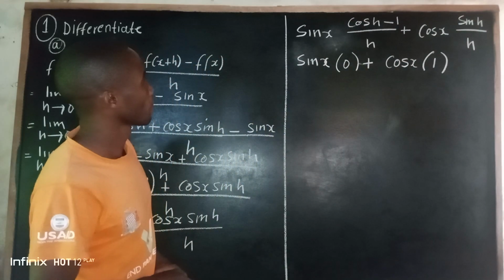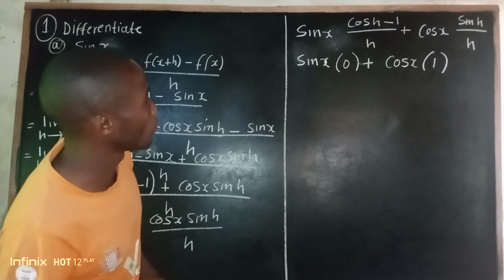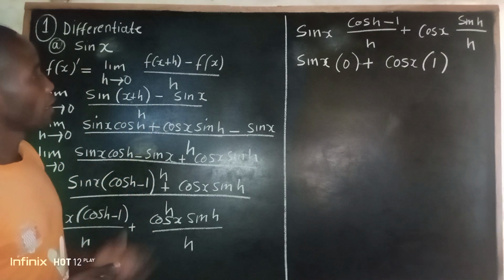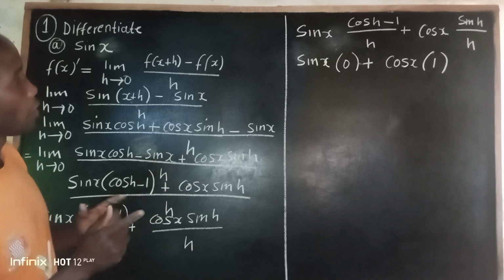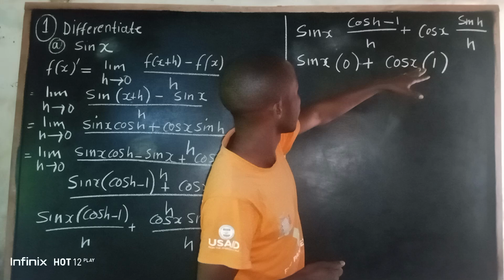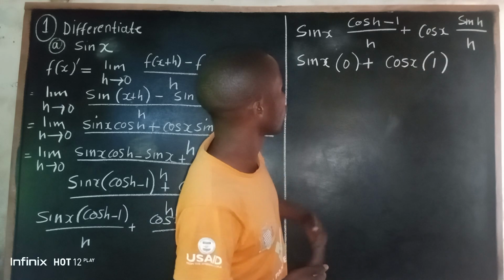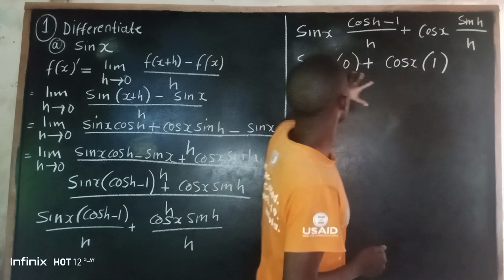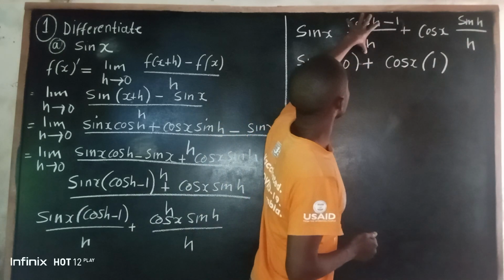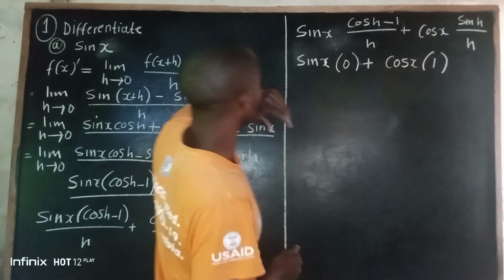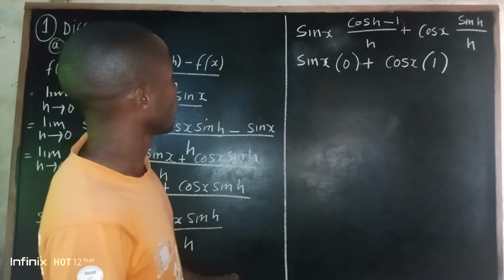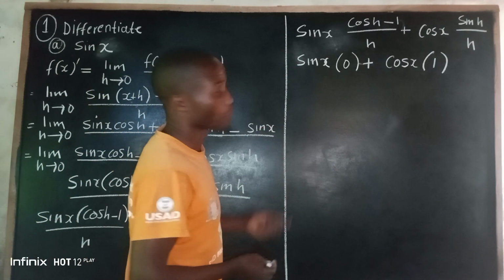That is observed if you have more ideas about limits, where we use L'Hopital's rule to replace those values. Whenever you have this in trigonometry, when differentiating using first principle, just know that this is 0 and that one is 1.